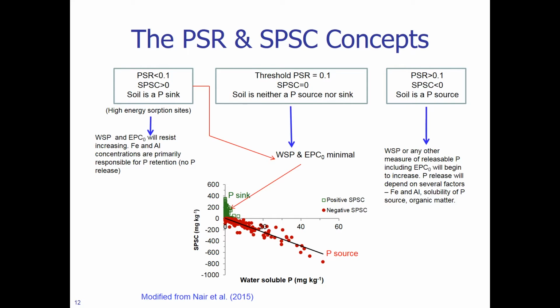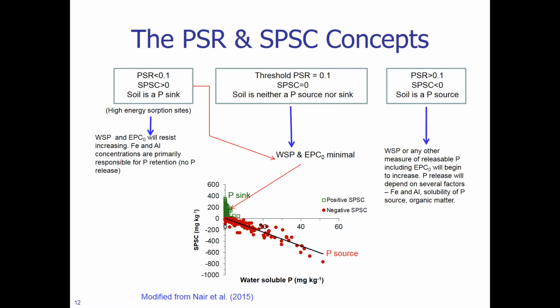So SPSC is greater than 0, that is SPSC is positive, and the soil is a P sink. Now, under those circumstances, water-soluble P and EPC0 will resist increasing. Iron and aluminum concentrations are primarily responsible for P retention, and therefore there is no P release.